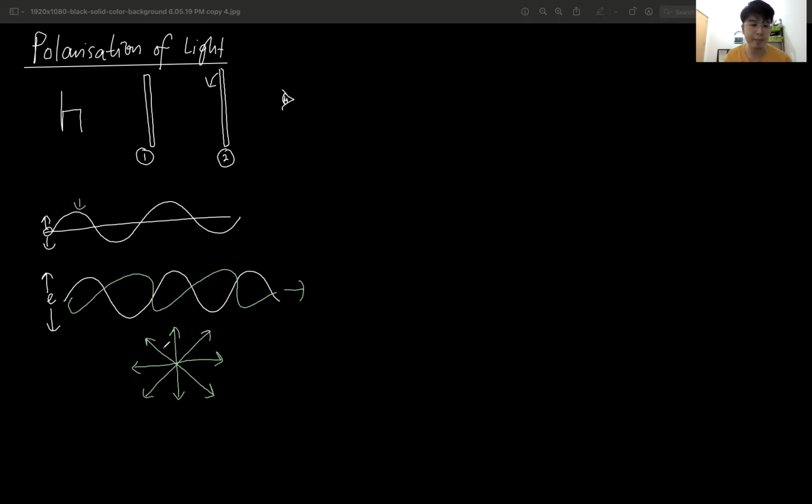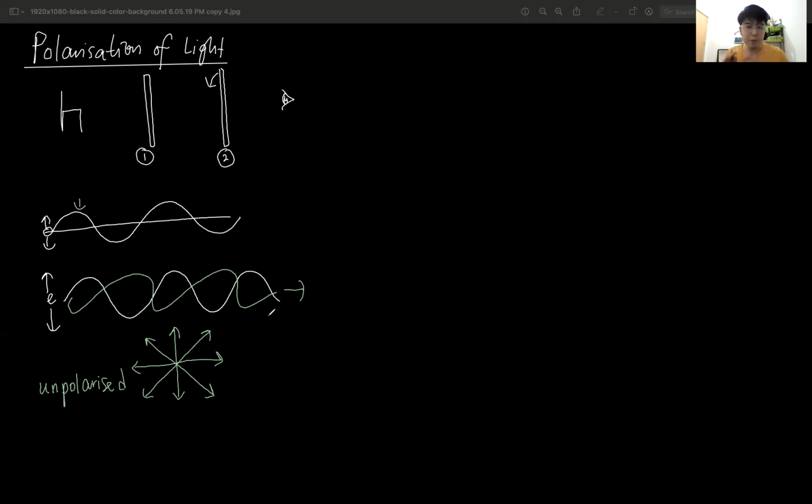But in reality, there are many vibrations everywhere. This is coming from the sun, reaching the earth. This type of light, we call it unpolarized. That means the electric field is vibrating in all directions.